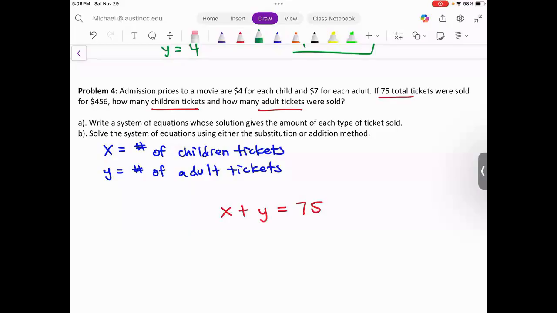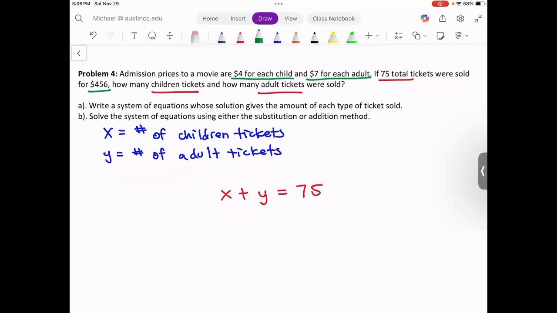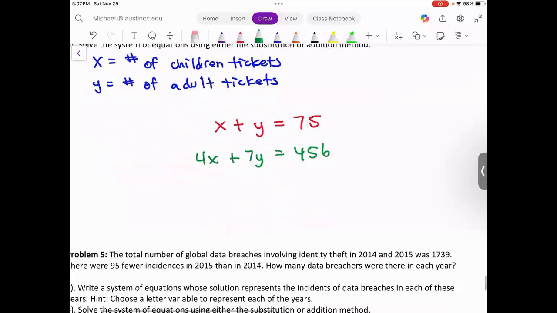Now, we also know that the $4 for each child and the $7 for each adult, if we add up those prices for however many tickets are sold, it's going to be 456. So, 4x plus 7y equals 456. So here are our two equations. Good. Now, let's solve them.